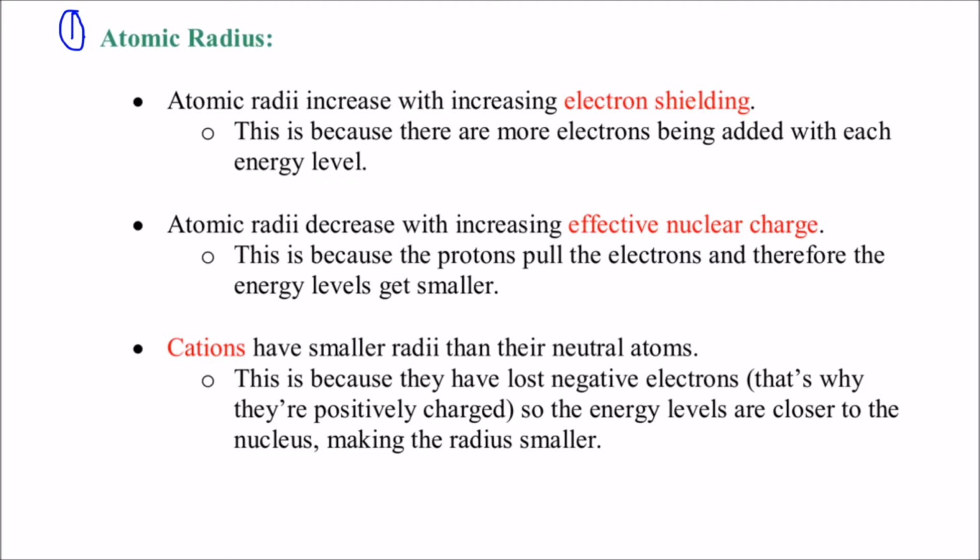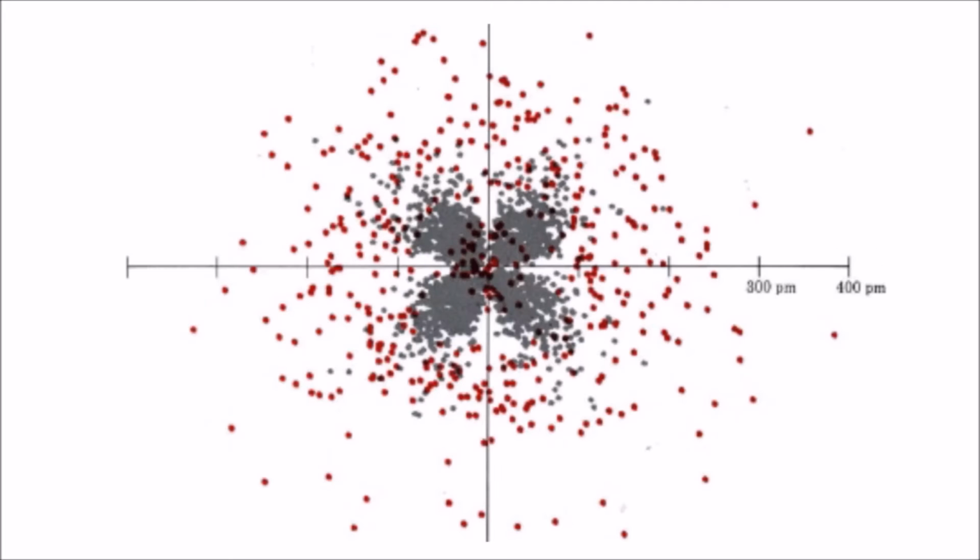So, let's define atomic radius before we go any further. Let's imagine that we're looking at our cloud model, because this is really how an atom actually looks. How can I be sure that these electrons out here on the edge are as far out as they can get?